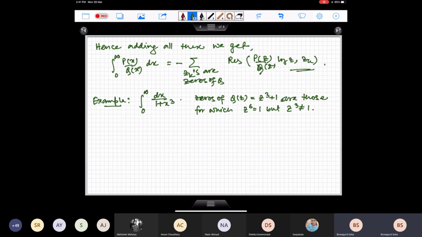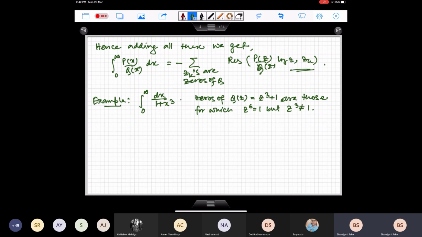So these are all sixth roots of unity which are not third roots of unity. It need not be a primitive sixth root of unity.